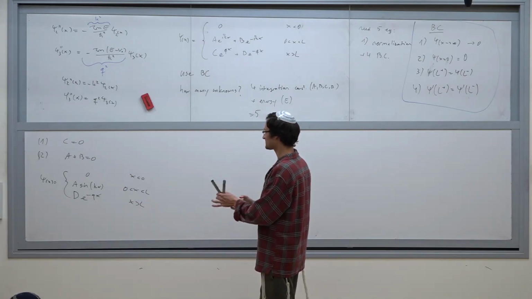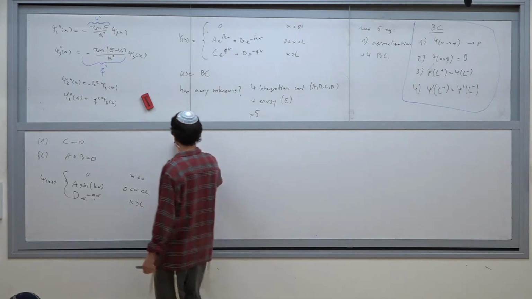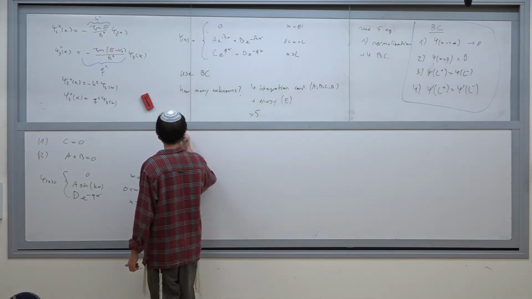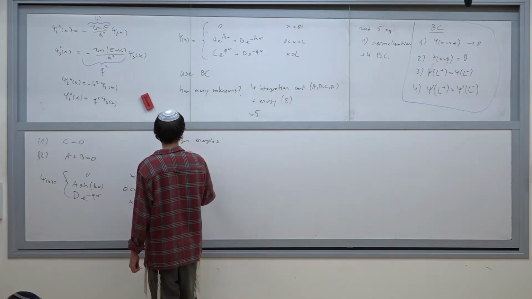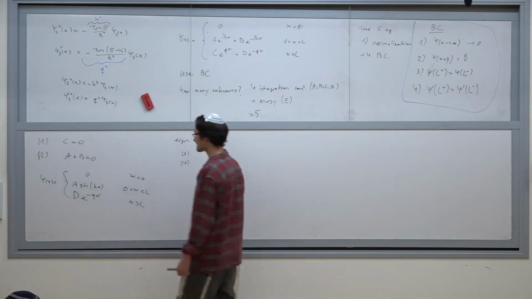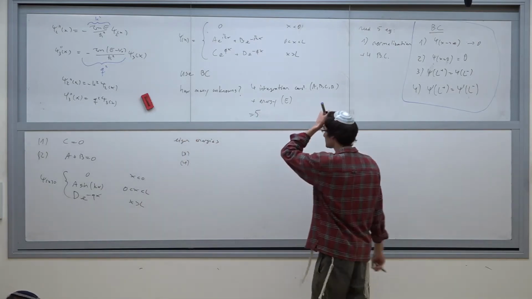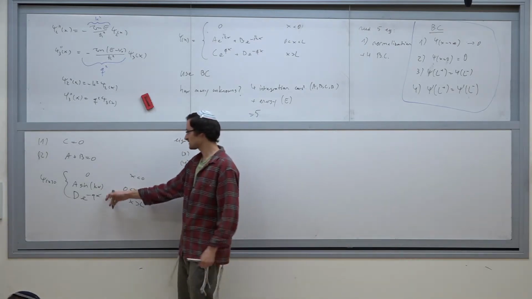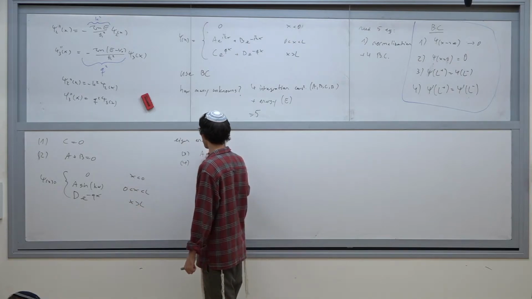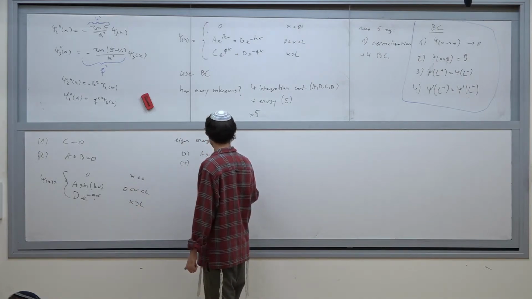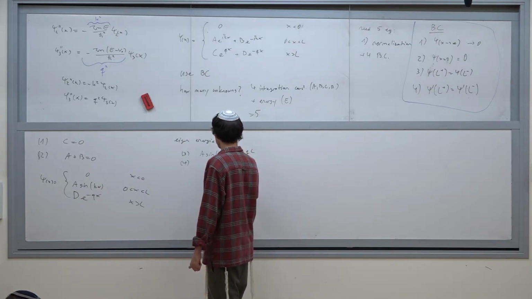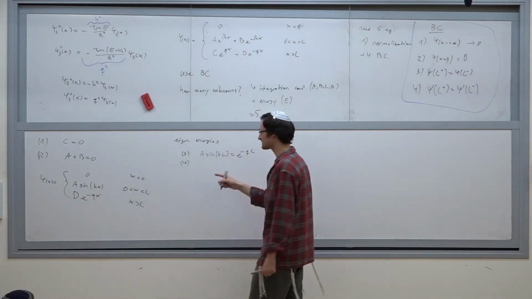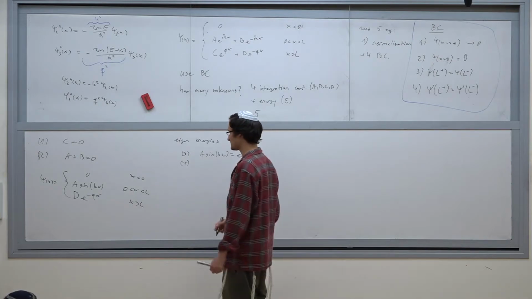Okay, let's find the eigenenergies first. We'll use conditions 3 and 4. So condition 3 tells us that this is continuous when x equals L, so we get A sine KL equals D e to the minus QL. And the second condition is that the derivative must be continuous.